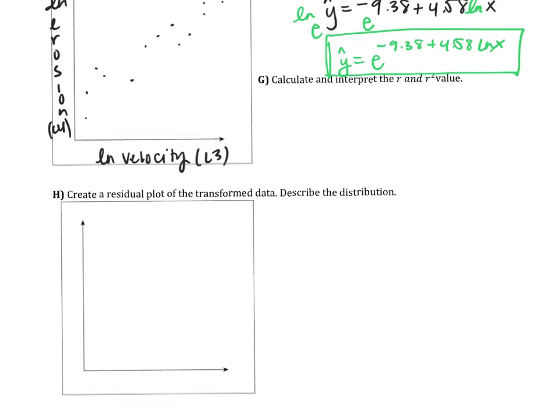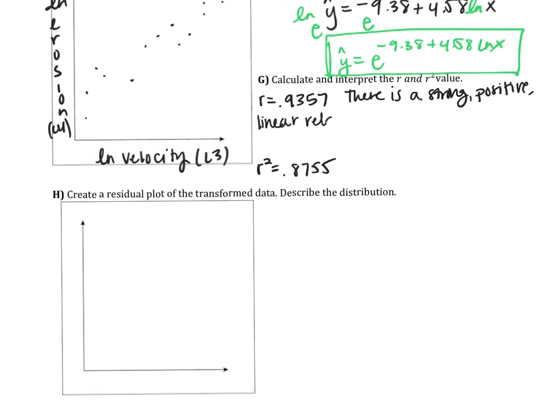All right, my r value is 0.9357. And my r squared is 0.8755. So here's how we interpret this. There is a strong positive, I'm going to say linear, relationship between the natural log of velocity and the natural log of erosion.